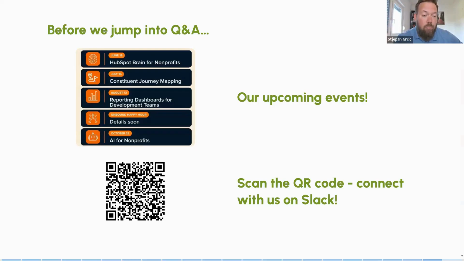There's Unbound. If you're coming to Unbound, please let us know. We will be there, happy to chat with you and talk more about what you're doing, what you're planning, what your problems or wins are. More details to come soon. We will share it across emails and other channels.